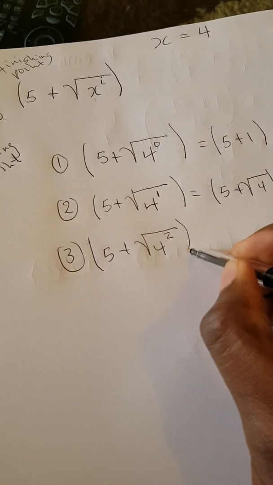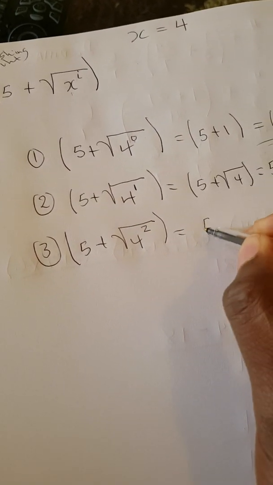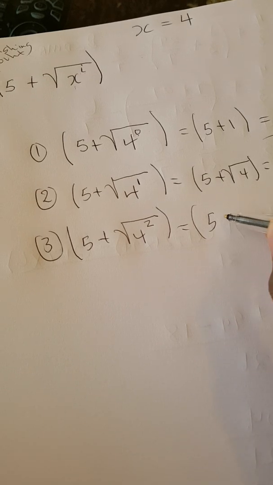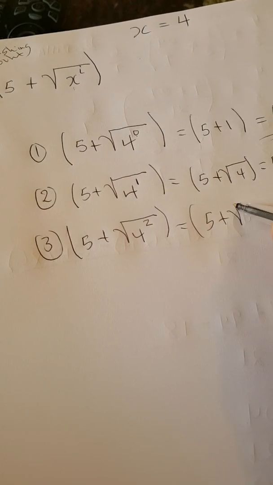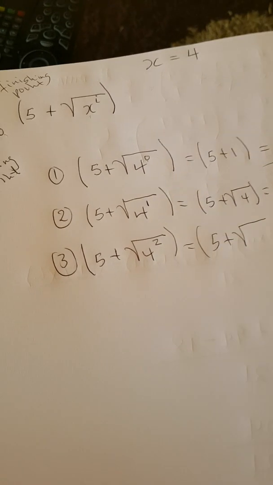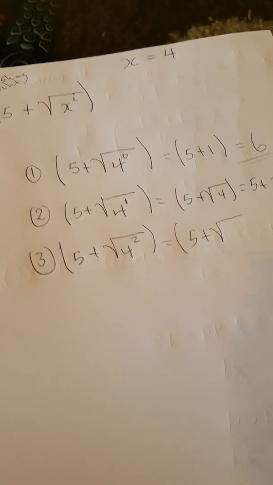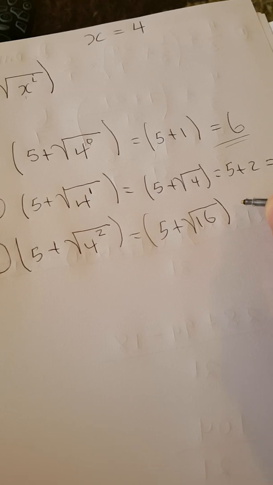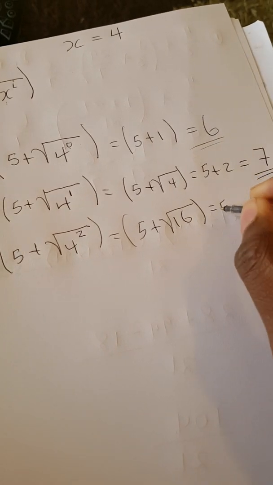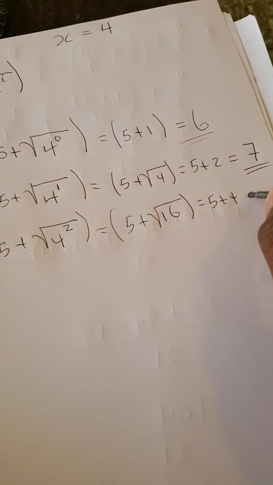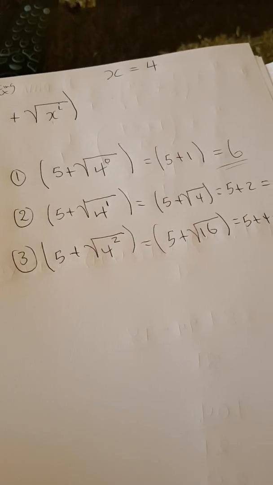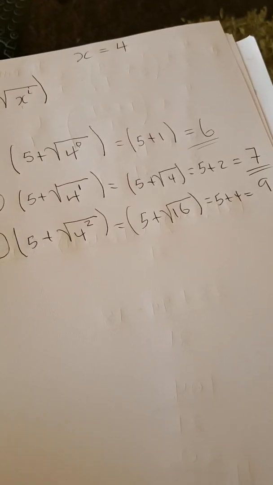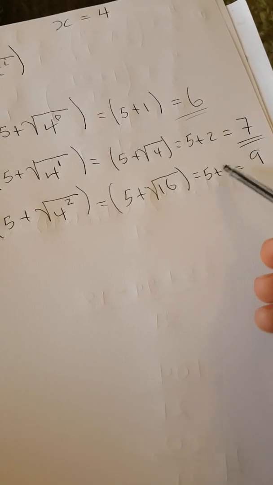You close the bracket. It's equal to 5 plus square root of 4 to the power of 2, which is 16. So it's 5 plus 4, and you get 9. The square root of 16 is 4, that's why I had to say 5 plus 4, and you get 9.